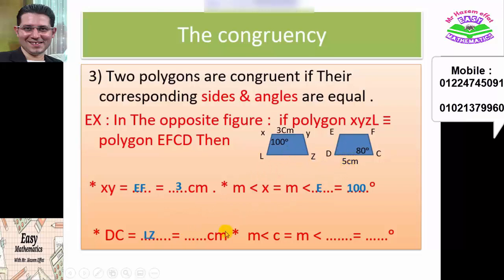From the shape it equals 5 centimeters. Measure of angle C equals measure of angle what? Measure of angle C will be equal to measure of angle Z, which equals 80 degrees.